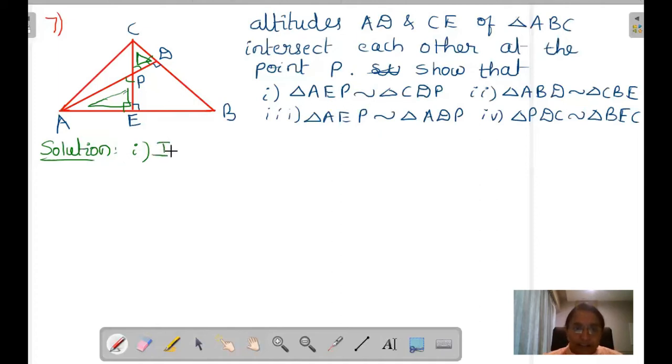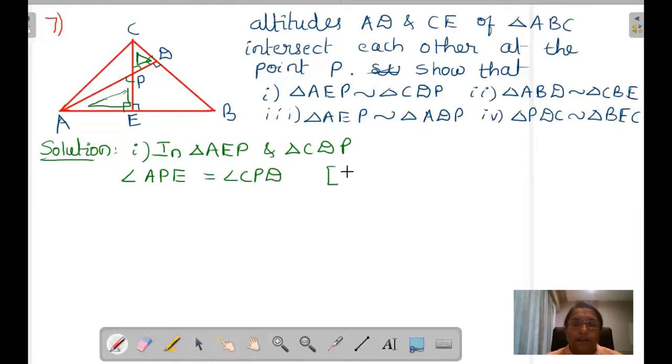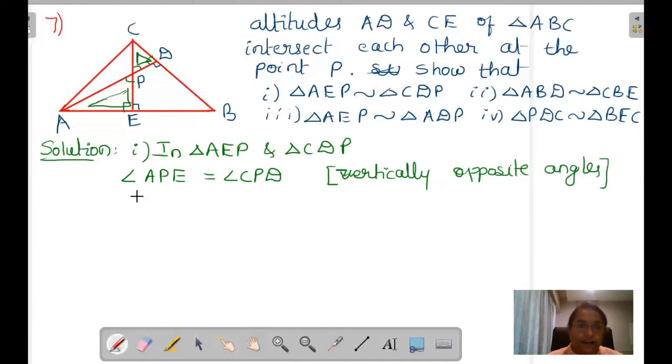So we'll write like this: in triangle AEP and triangle CDP, angle APE is equal to angle CPD because they are vertically opposite angles. Next one, that is the 90 degree angle: angle AEP is equal to angle CDP is equal to 90 degrees.